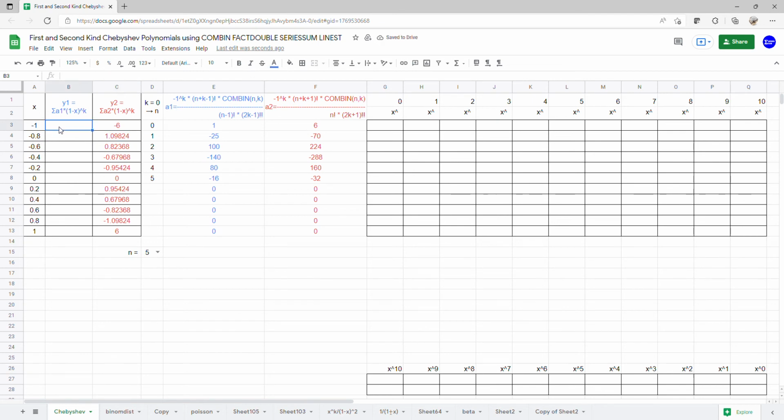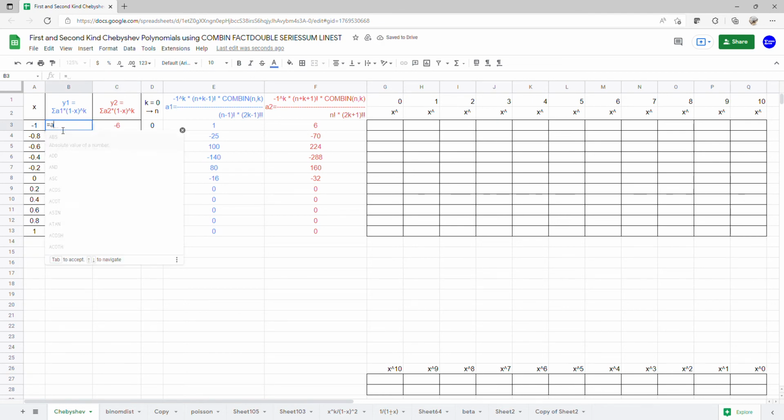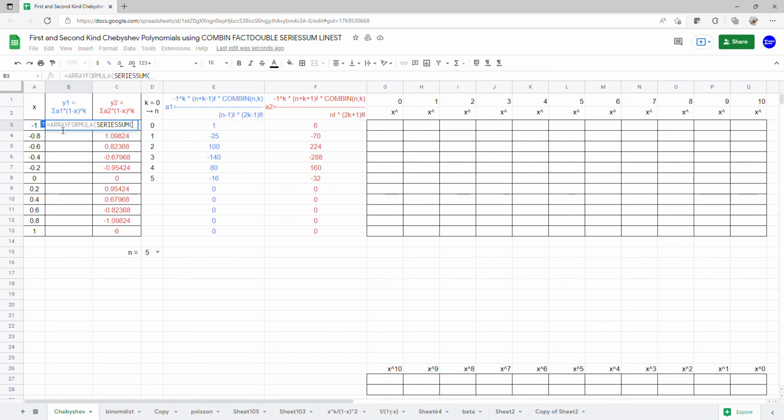And for the first kind polynomial, this is array formula, series sum of 1 minus x raised to the power k, where k starts from 0, incremented by 1. And the coefficient will be this range.